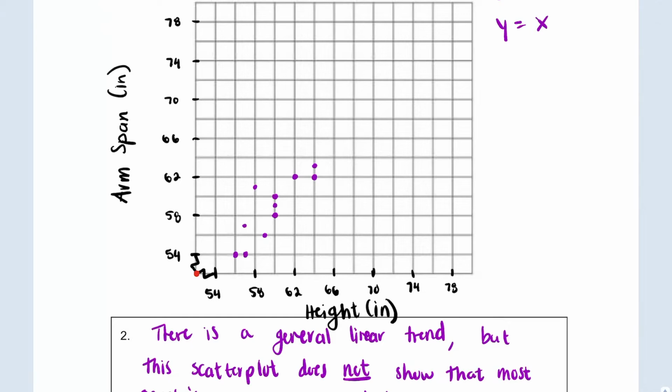Now remember that we want the arm span and the height to equal each other. So I'm just going to pick another point on here, maybe at 78. I'll draw my line of best fit all the way through the graph here. So 78. If my height is 78 here, my arm span should also be 78. So I'm going to draw my second point up here, and I'm just going to connect the two dots. These two red dots here.